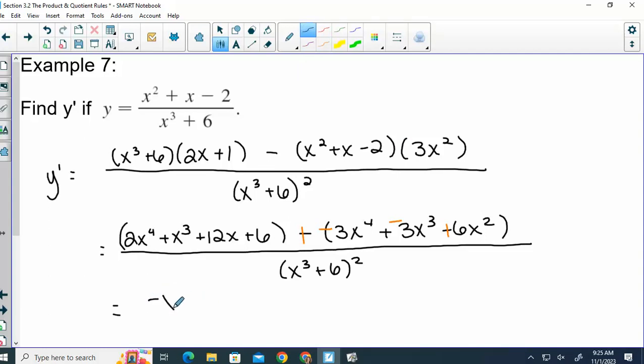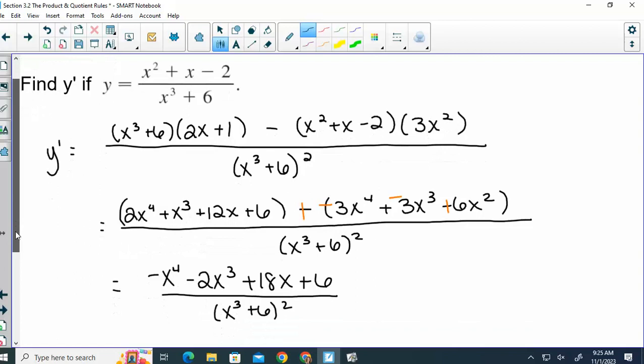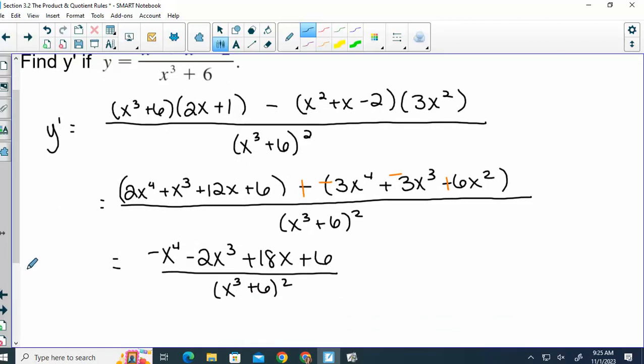So final answer we had a negative x to the 4 minus 2 cubed. What's wrong? What happened to our 6x squared?